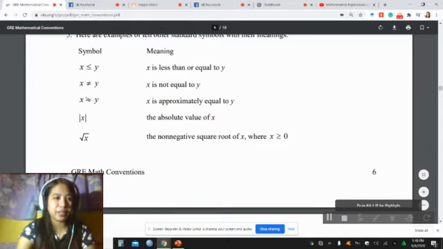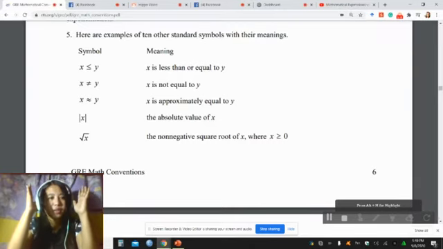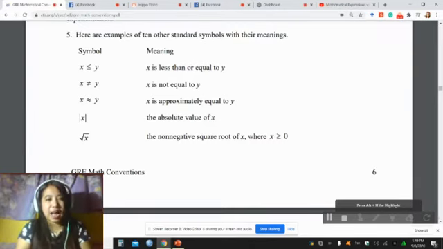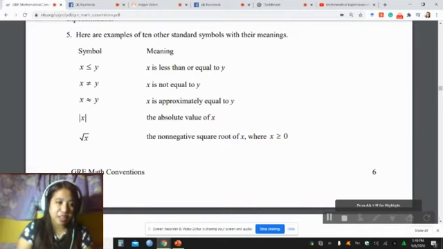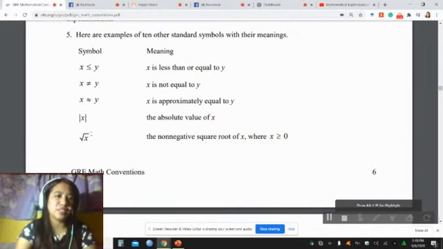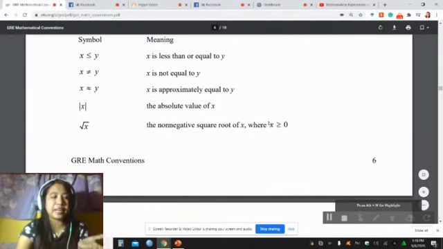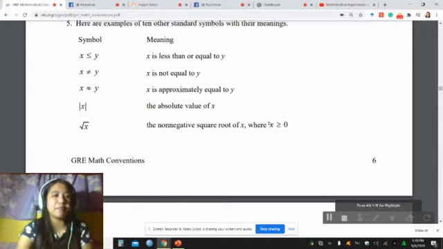Or if it is a curl, it is approximately equal. If we have two bars, it means absolute value. This is the symbol for square root. And we also know that the value of x cannot be negative because it will be an imaginary number.